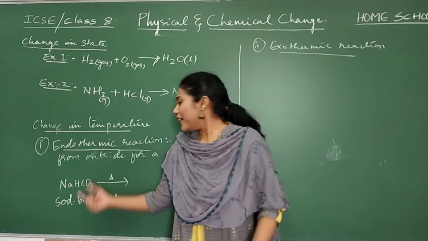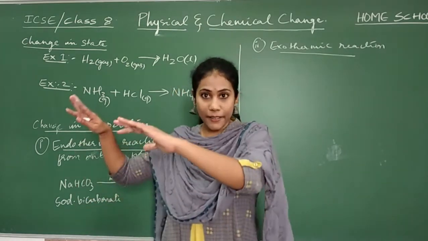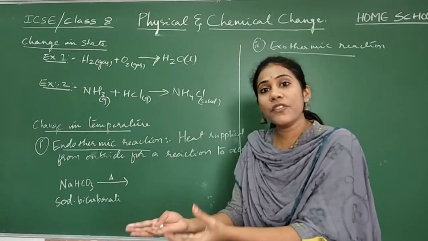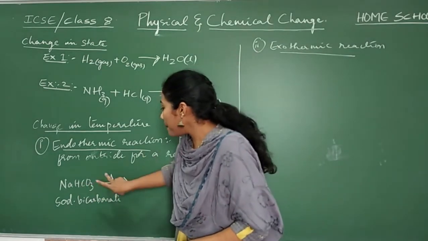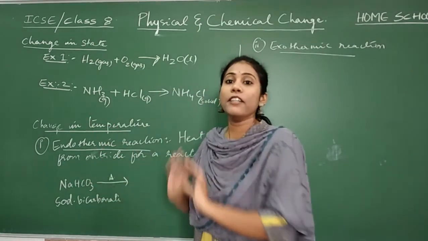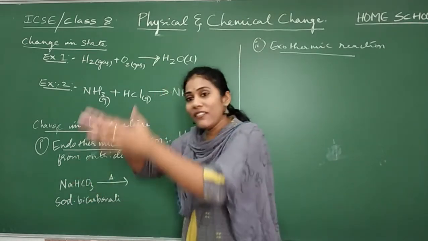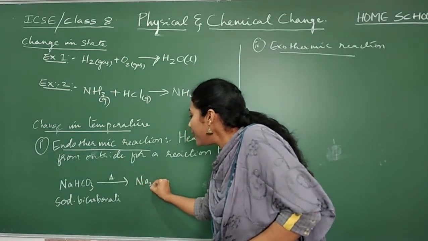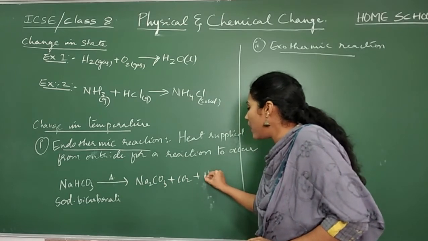How can you break this molecule? Only when you supply heat, only when you heat it. That means heat energy you are giving from outside. This is absorbing the heat that you are providing from outside. After absorbing, it will undergo breakage and you will get Na2CO3 plus carbon dioxide plus water.